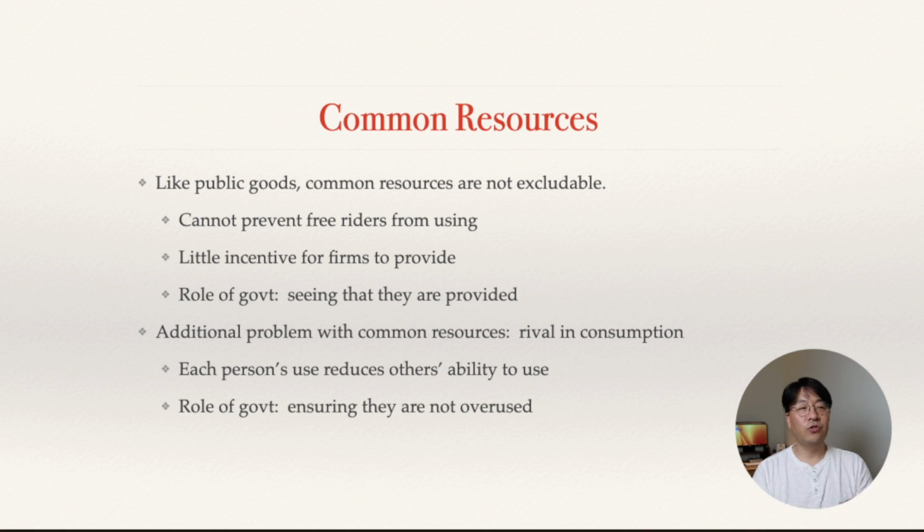Each person's use reduces the total ability to use, which means the total amount is limited. Once you use it, the total number N is diminishing, right? So government needs to control the supply or the size of it.